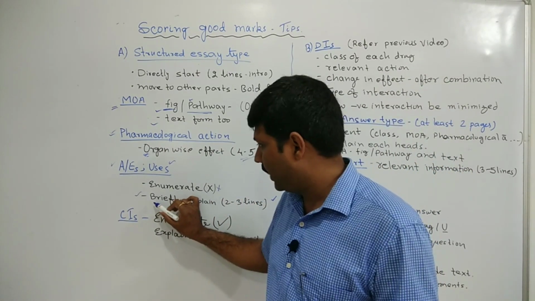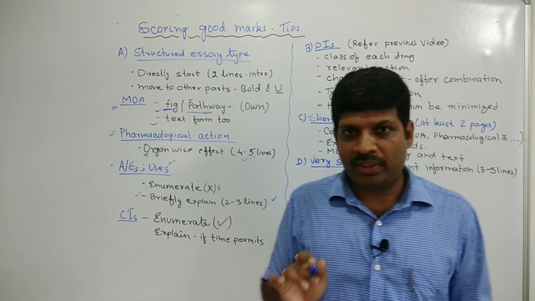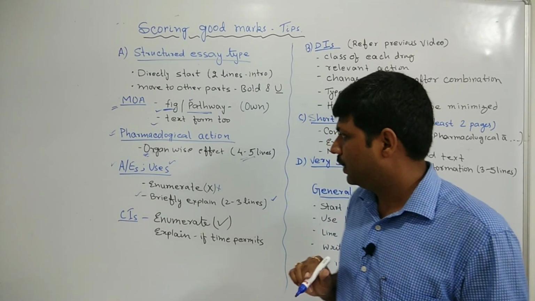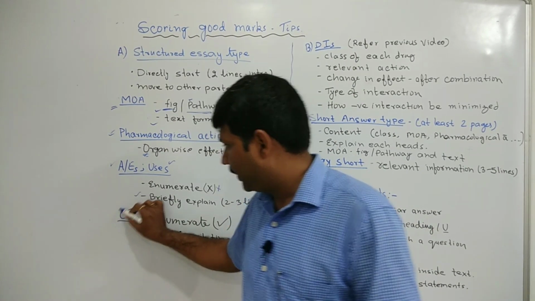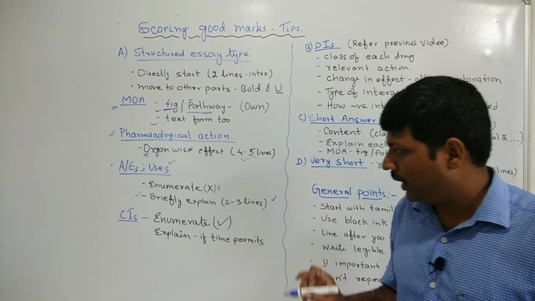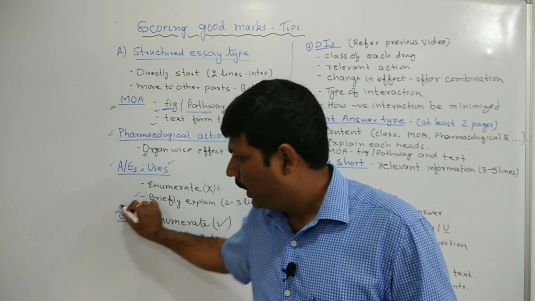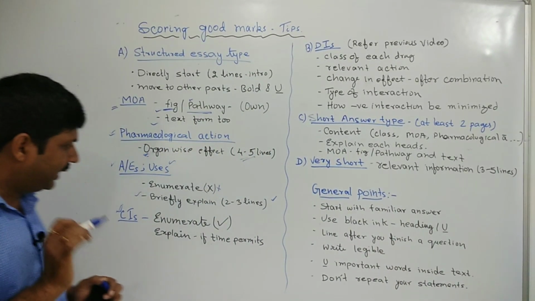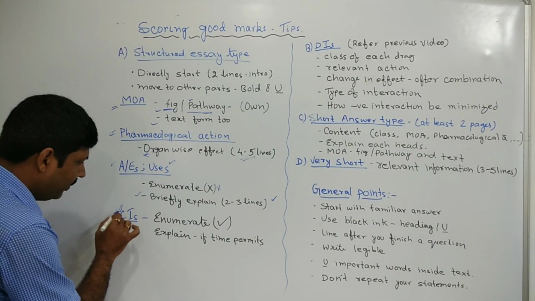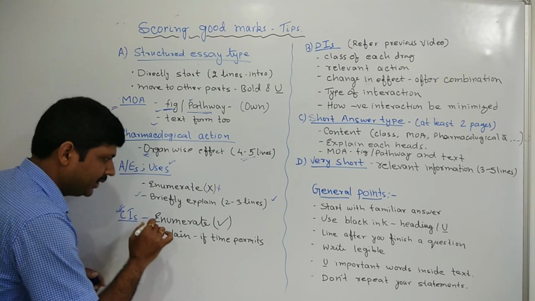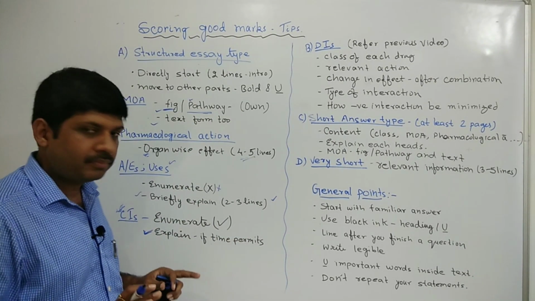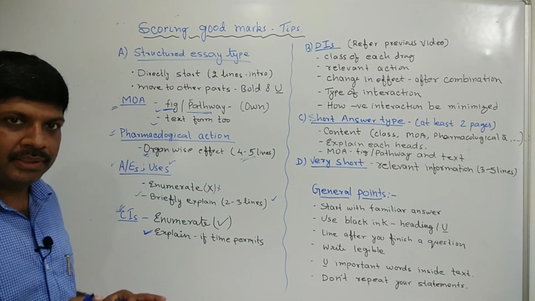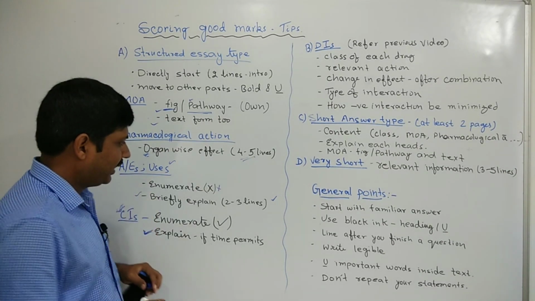So make a point of briefly explaining the uses or adverse effects in 2 to 3 lines. If the part contains contraindications, explain them only if time permits. Otherwise, just enumerate the important contraindications and the part gets over.